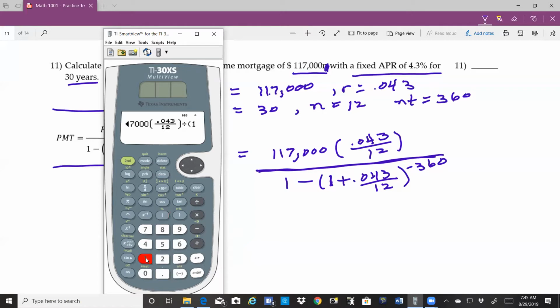And now it's 1 minus parentheses 1 plus 0.043 divided by 12, to the minus 360.